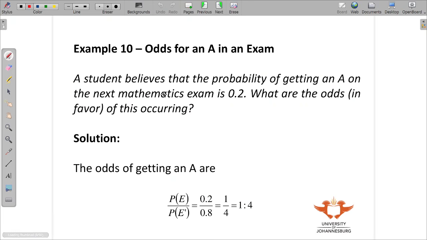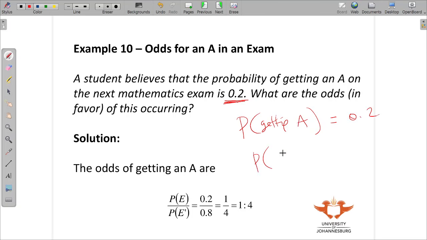Let's take this example. A student believes that the probability of getting an A on the next mathematics exam is 0.2.